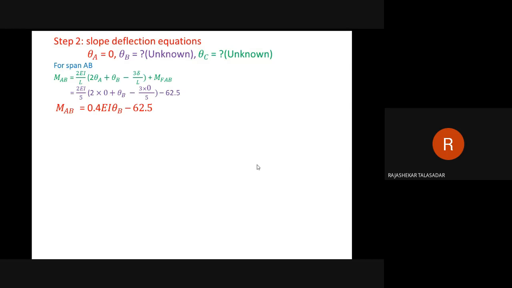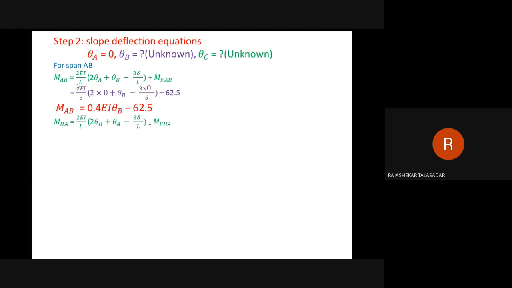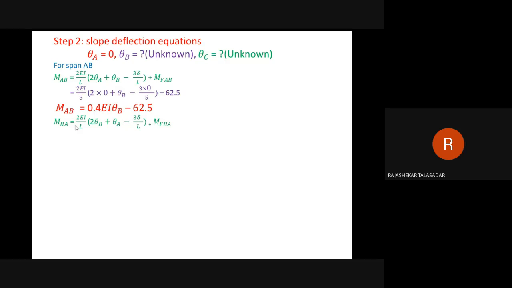Now similarly we write BA, reverse. It is 2 EI by L, 2 times the rotation at this end now. See, when AB is written, first is A, next is B: 2 theta A plus theta B. Here, BA means first B, so it will be 2 theta B, next A. It is BA, right end, left end.